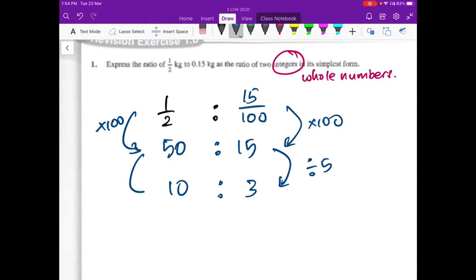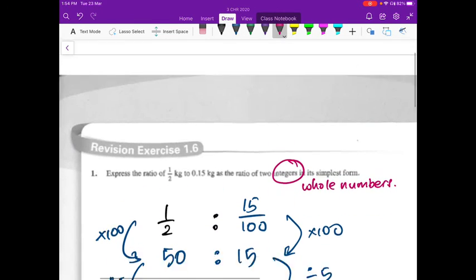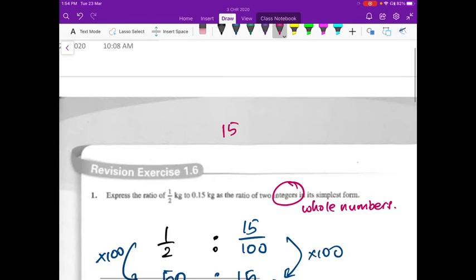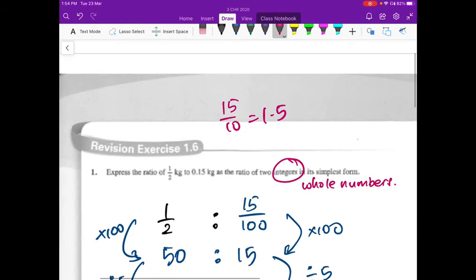It's also 10 to 3. Yeah, this 50 over 100 came from 0.5, because 15 over 10 is equal to 1.5. It is not 0.15. Okay?